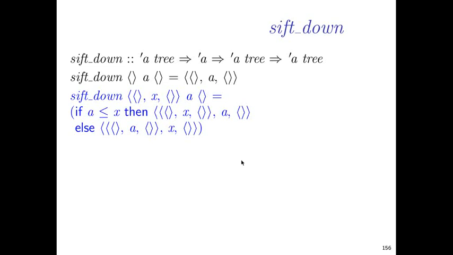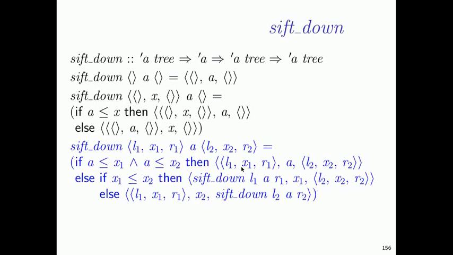So this is a case where one is a leaf and the other is a singleton tree. And for two nodes, well, there are just a few cases that you have to consider, but I think the idea is to find out whether to swap with the left or with the right subtree, and then sift down recursively. So let's try to reconstruct the standard idea before looking at this mess of code.